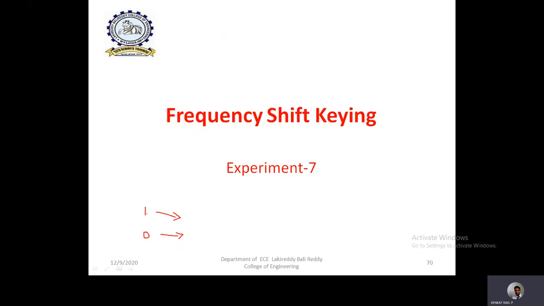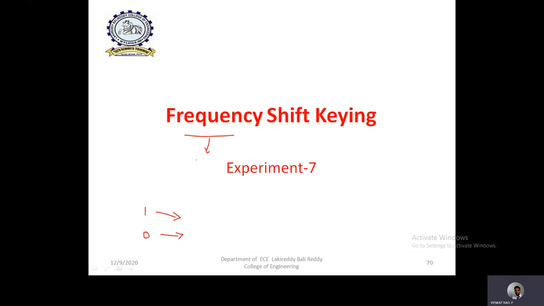If it is ASK, the amplitude of the carrier is changed according to input 1 and 0. If it is PSK, the phase of the carrier is changed with respect to binary 1 and 0. But here it is frequency shift keying, which means the frequency of the carrier is changed with respect to the input binary 1 and binary 0.